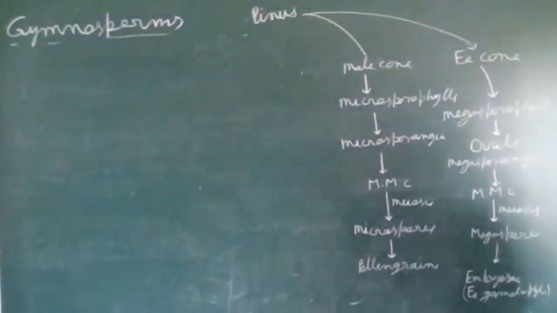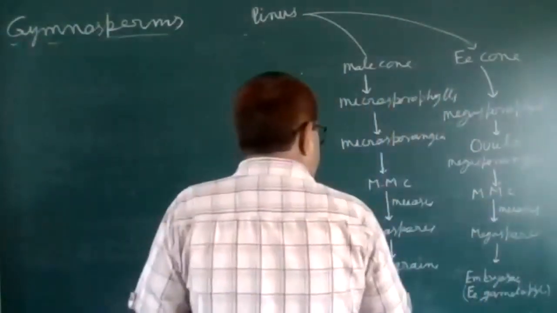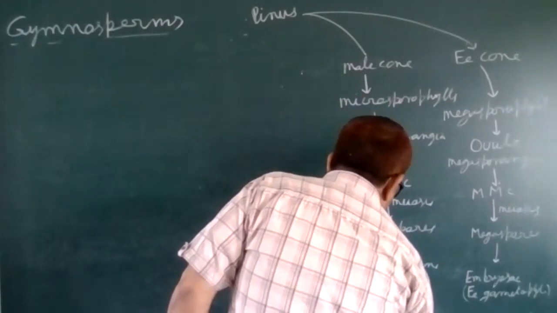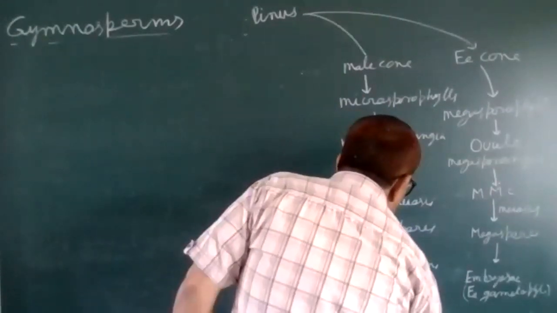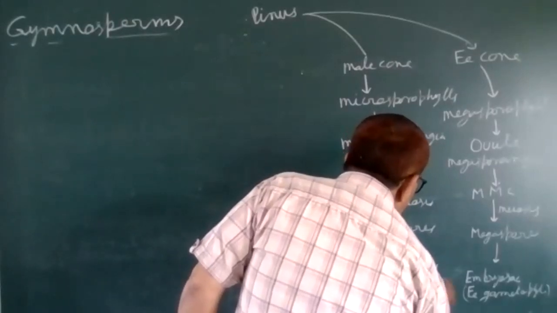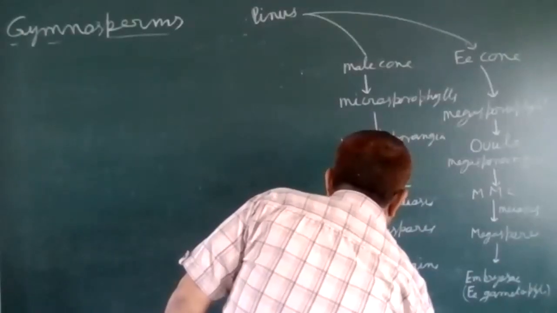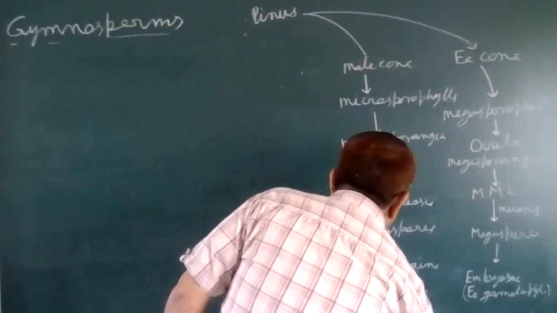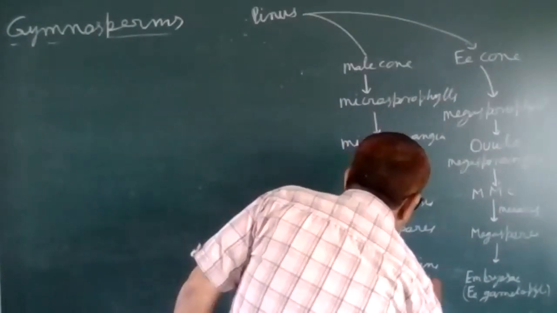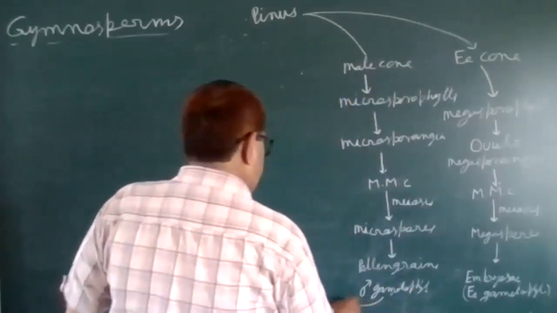Embryo sac is the female gametophyte, and here pollen grains are also called the male gametophyte. This is the symbol of the male gamete.